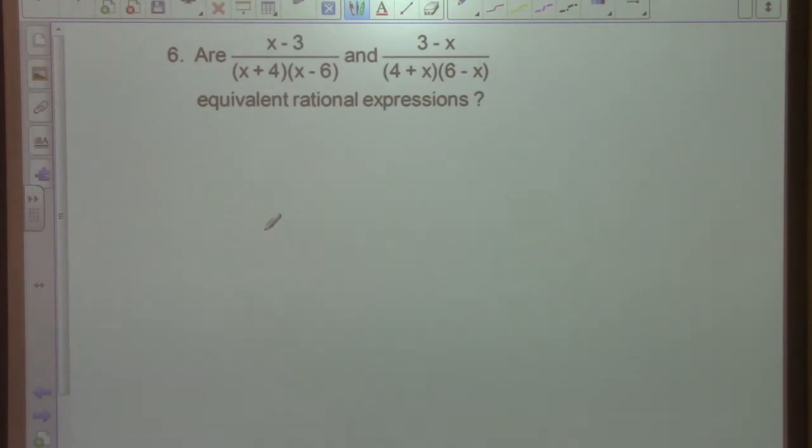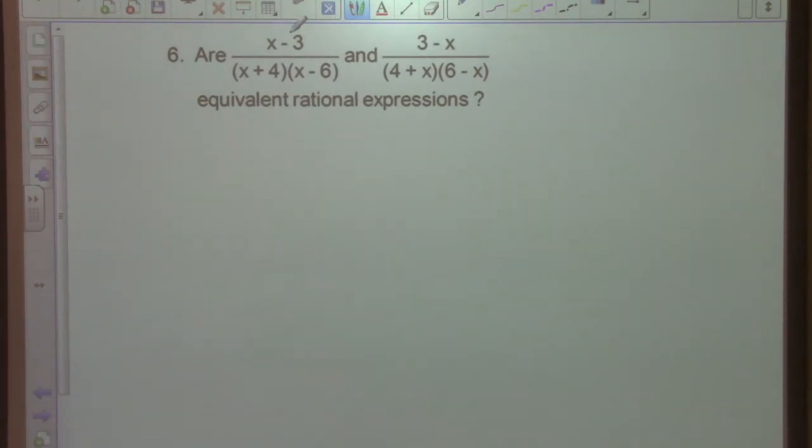Okay, what do you think on this one? You think they're equivalent? How did you figure out that they are? If you factor out the negative sign, yeah.